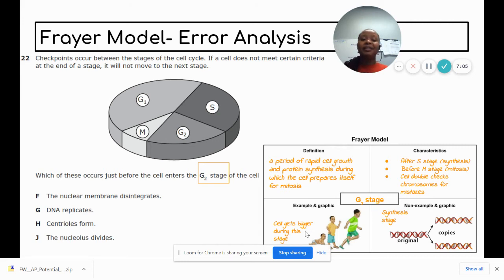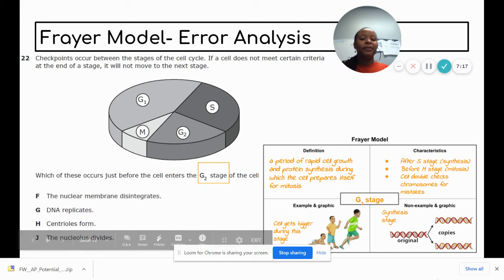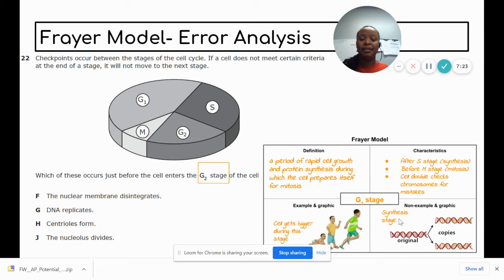And what happens in synthesis is that's where DNA replication occurs. So I want my non-example to be DNA replication, because now I know we're not doing that here. It's not in G2, that's in a different stage. So I put a picture of DNA replication here, and I wrote as my blurb, that happens in the synthesis stage. My Frayer model is done.